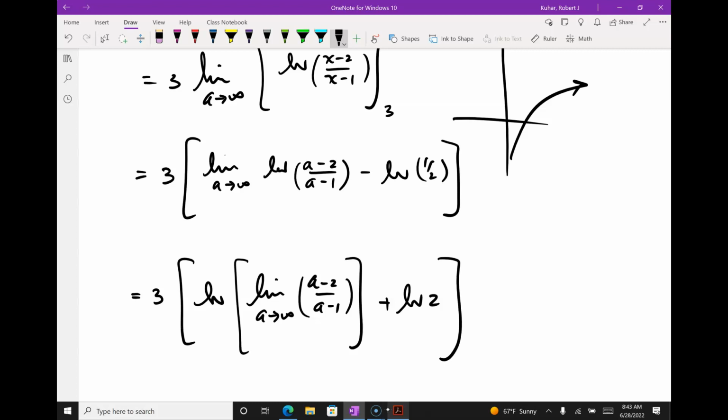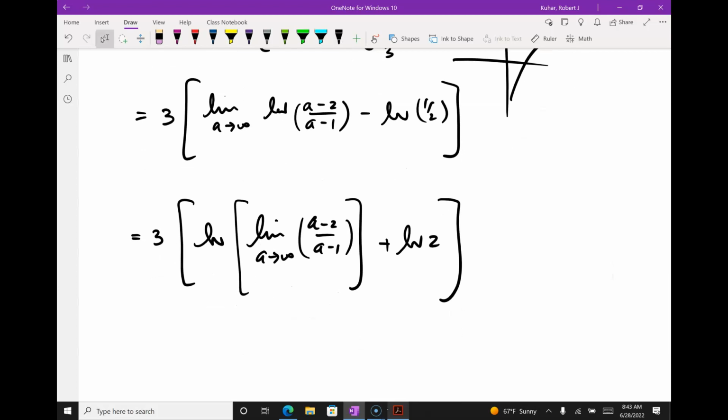Minus ln of 1/2 is the same as plus ln of 2. It doesn't matter that you do that part. But if you remember about continuous functions, limits can move inside of the function. So, and there I'm at L'Hopital's rule, right?